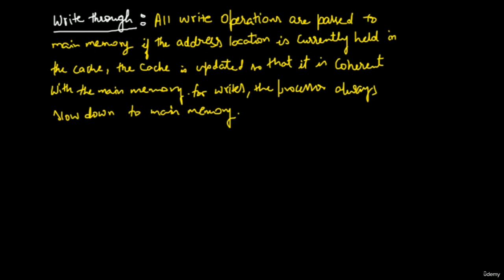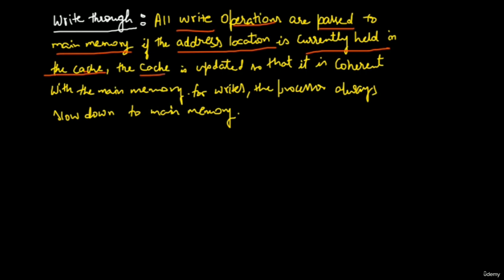All write operations are passed to main memory. Whatever you have to write, it will go to the main memory. If the address location is currently held in the cache, that cache has to be updated. When you are writing, it is going to get updated, and for that update the main memory comes into play.